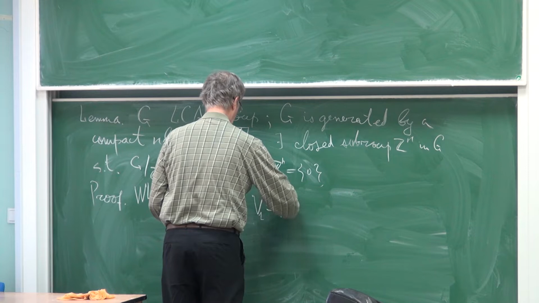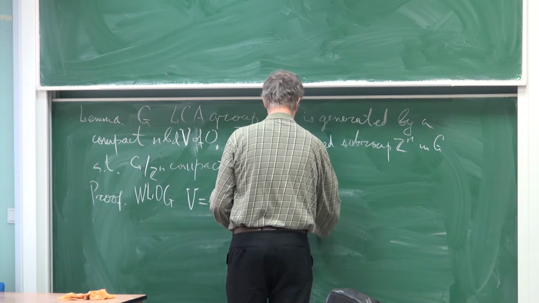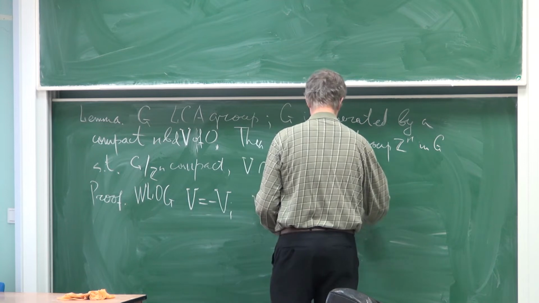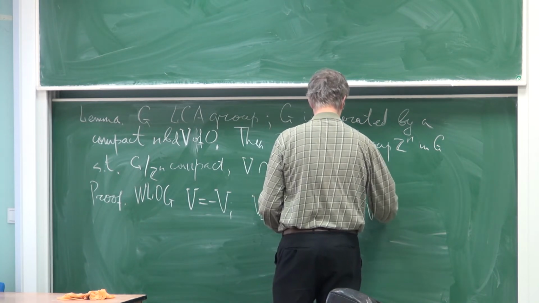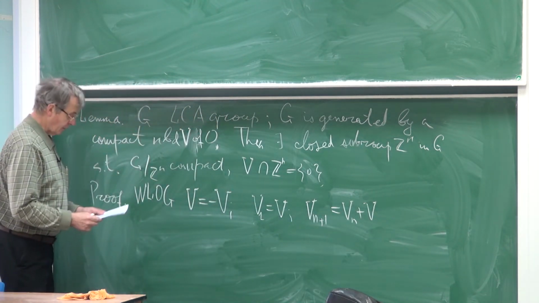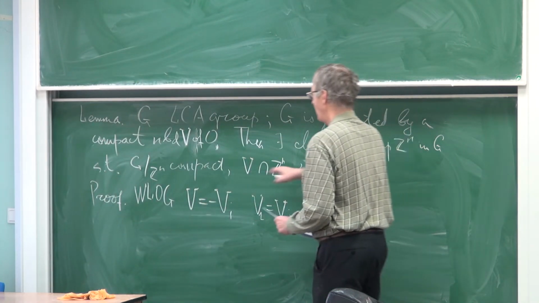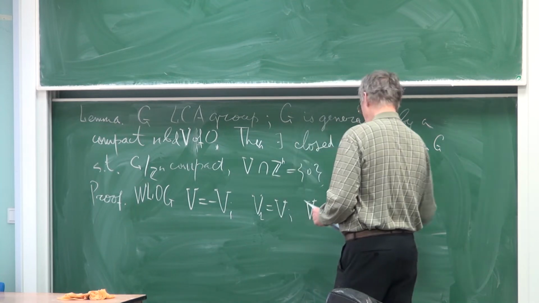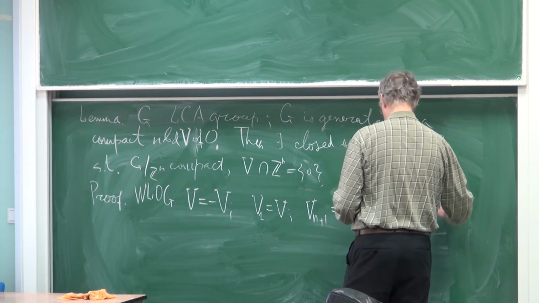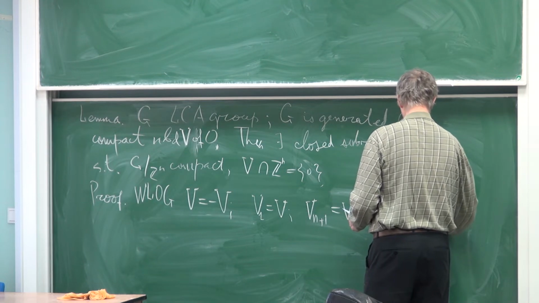V1 will be equal to V, and if Vn is already defined, then Vn plus 1 is equal to Vn plus V. So this is an inductive definition, and since G is generated by this neighborhood V, G is equal to the union of these sets Vn for all n.